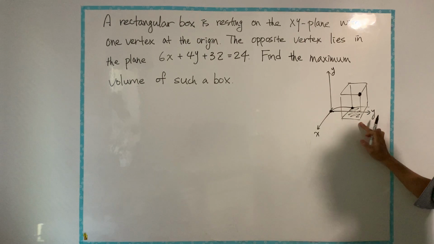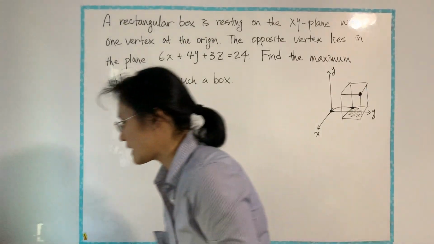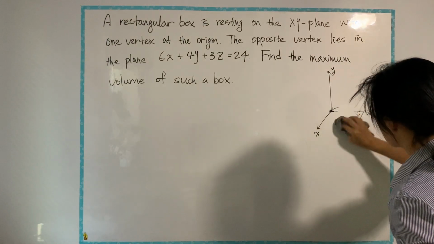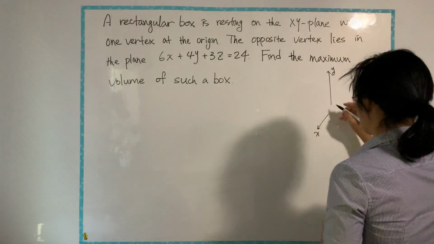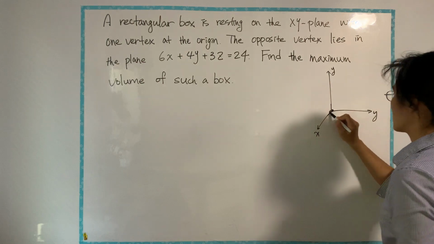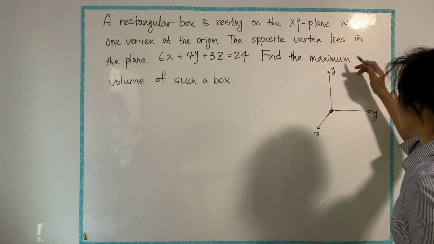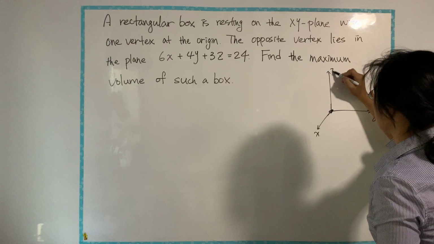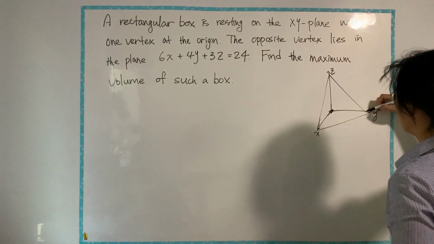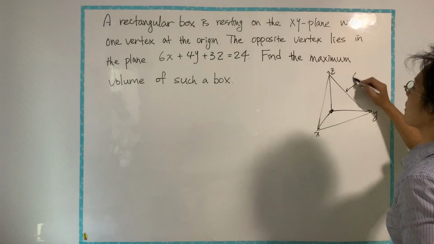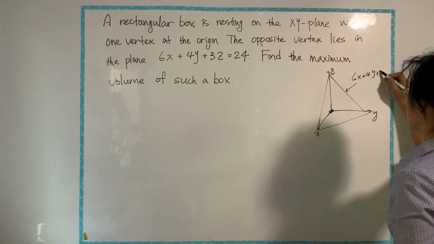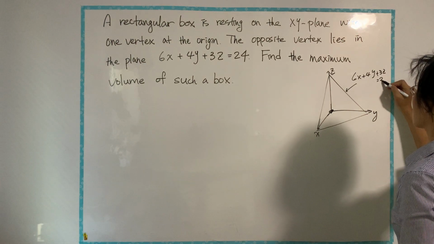So my box here is not exactly right because I don't have a vertex at the origin. So what I have is one point here, and this should be the z-axis, and another point lies on the plane described by 6x plus 4y plus 3z equals 24.